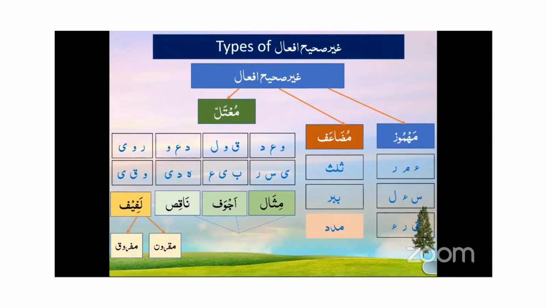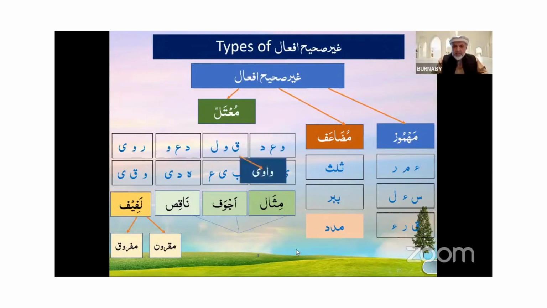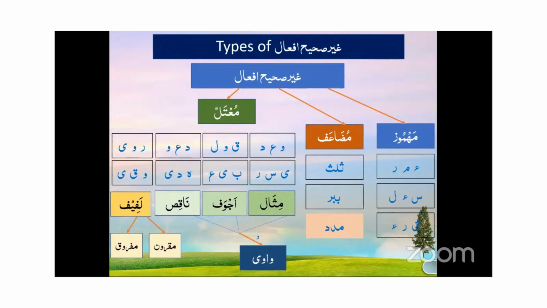So when we have misal, ajwaf, and naqis, then there is another terminology. If there is waw, then we call it misal wawi. Because over here, is there a waw in here? Yes.